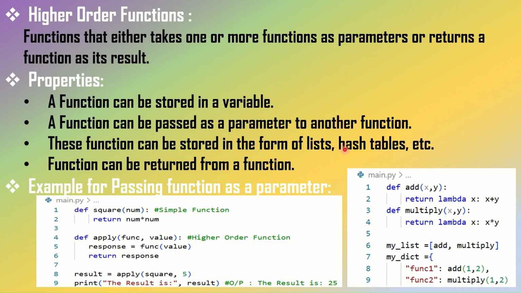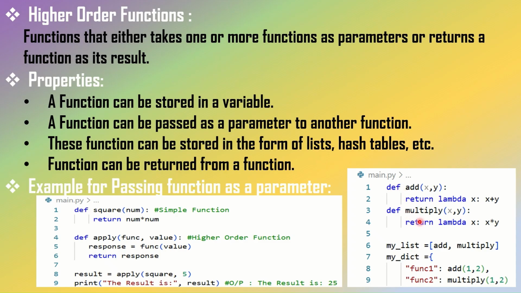And these functions can be stored in the form of lists, hash tables, etc. A list, we already know, is a collection of items. A hash table is a data structure that stores values in the form of key value pairs. So according to this property, functions can be stored in the form of lists and hash tables, right? For this property, I have given one example as well, showing how we can store these higher order functions in the form of lists and hash tables.